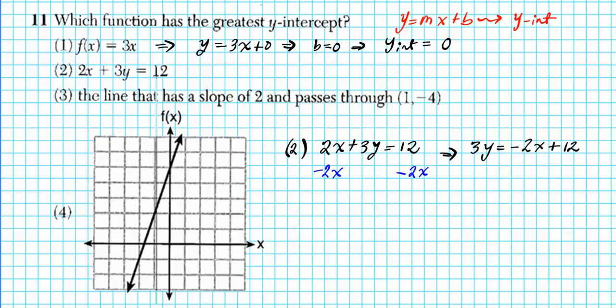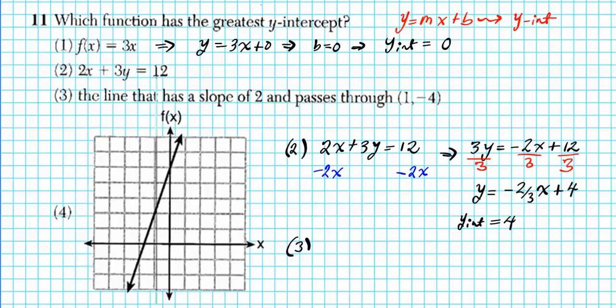And then we divide everything by 3 in order to get y isolated. Our final result is y equals negative 2/3 x plus 12 over 3, which is 4. So in this case, the y-intercept, which is b, is 4 for option 2.